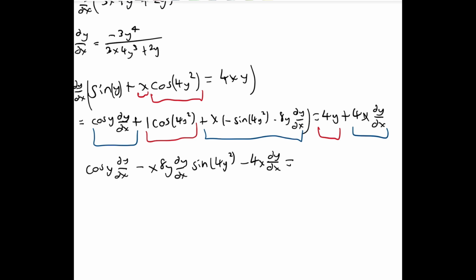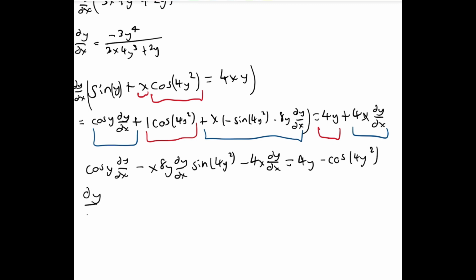Now I will keep the 4y there, and this cosine of 4y squared can move over. Take the cosine of 4y squared. And now I will factor out the dy/dx's, and we're almost there.